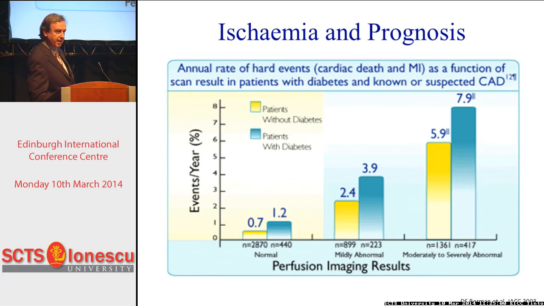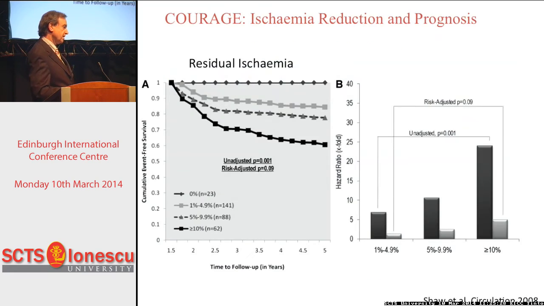And what's behind this is that the amount of ischemia we can see by different methods, here by scintigraphy, is related to the outcome. Patients that have mildly abnormal perfusion images as compared to moderately abnormal perfusion images have a poorer outcome. They have higher event rates, in particular in diabetic patients. The event rate is much higher related to the extent of the ischemia.